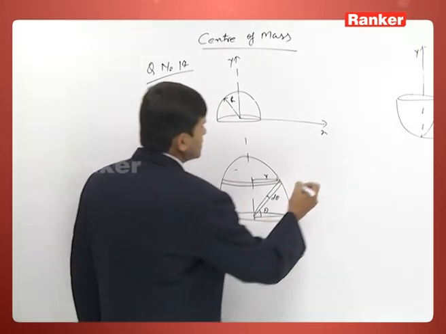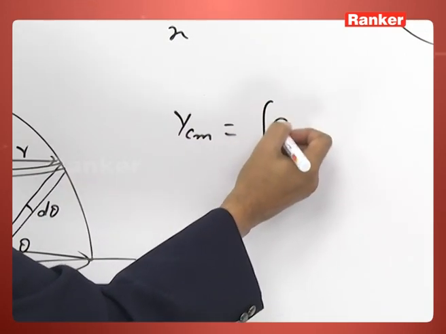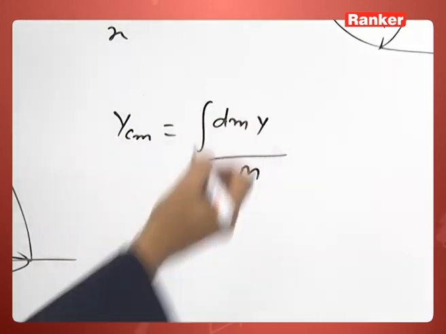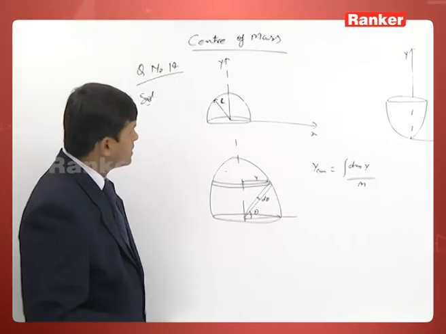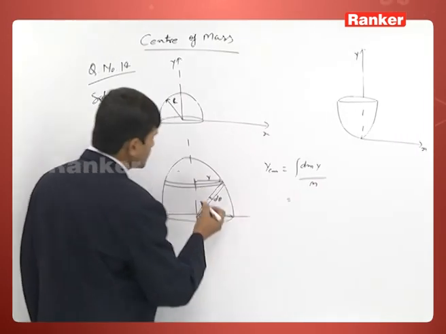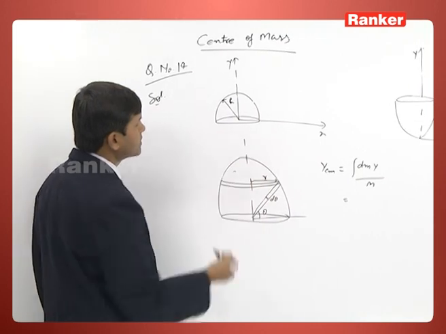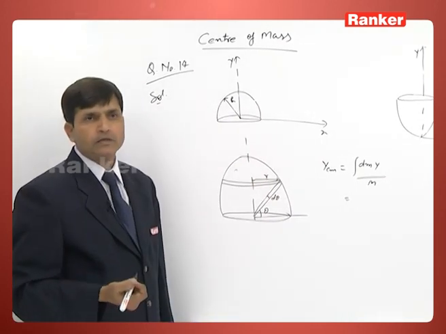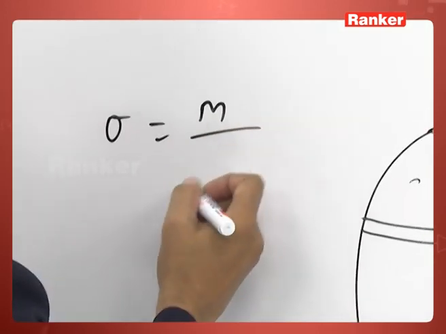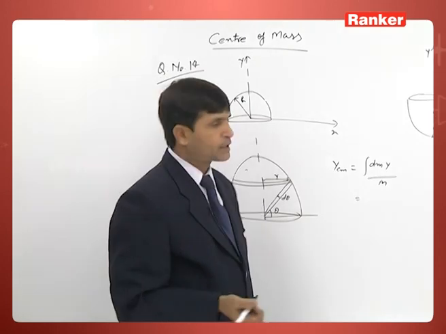So, the y coordinate, Y_CM, is equal to the integral of dm into y divided by the total mass. So, how much is the value of dm? Total mass is m and the area of the hemispherical bowl is 2 pi R square. The sigma can be written as m by 2 pi R square.